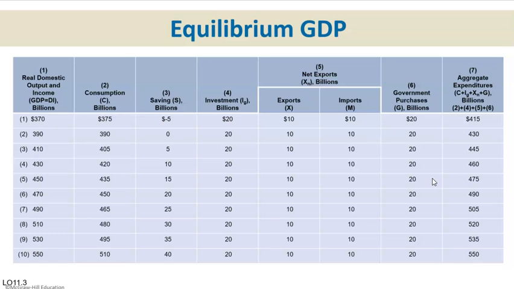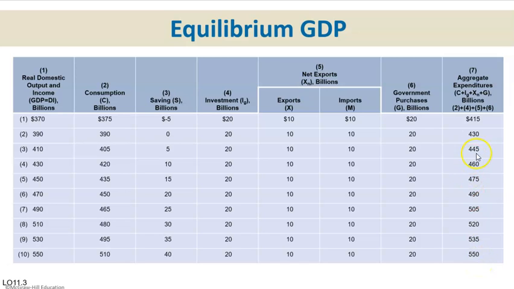Now let's talk about the steps to finding the equilibrium GDP. Step 1 is going to be to solve for net exports. So you just take your exports minus your imports. In this case, we have 10 minus 10, so our net exports in this country is going to be 0. Step 2 is to calculate aggregate expenditure. So like I said, you won't have anything in this column.